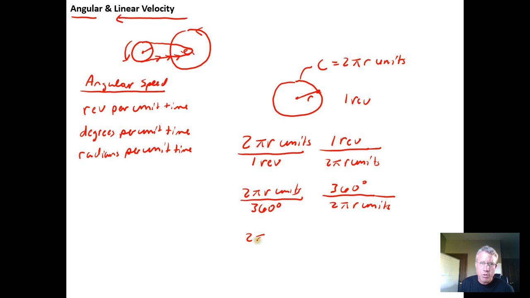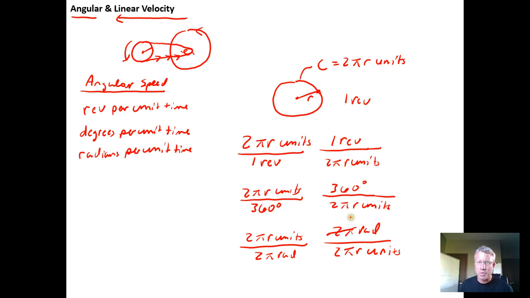We could say 2 pi r linear units happen every time you do 2 pi radians, and we can reciprocate this relationship just as easily as the others. The nice thing here with radians, what do you notice?